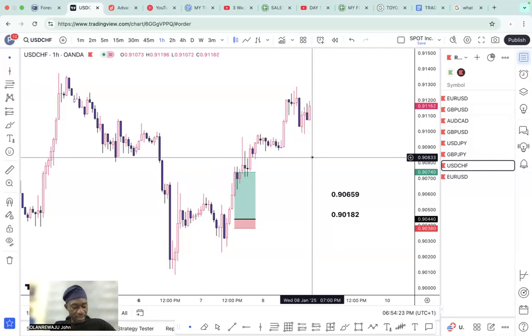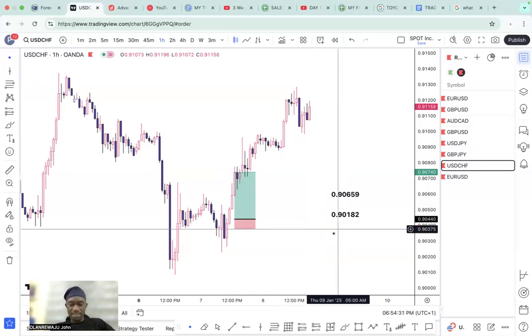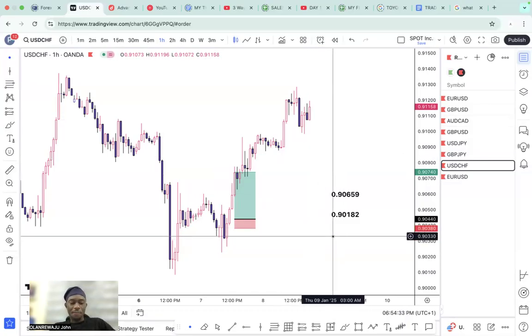So 659 minus 182, that's 477. However, remember that last 7 will be the pipettes. Do you get it? That last 7 in this example will now be the pipettes.